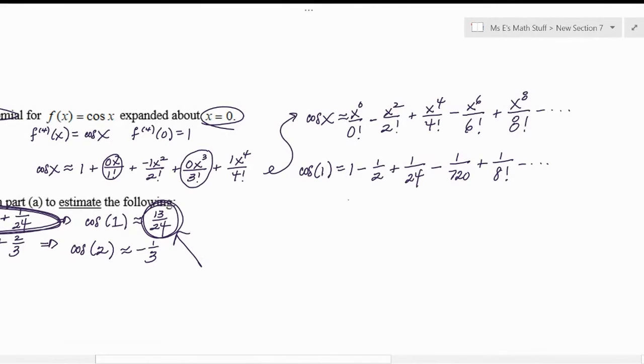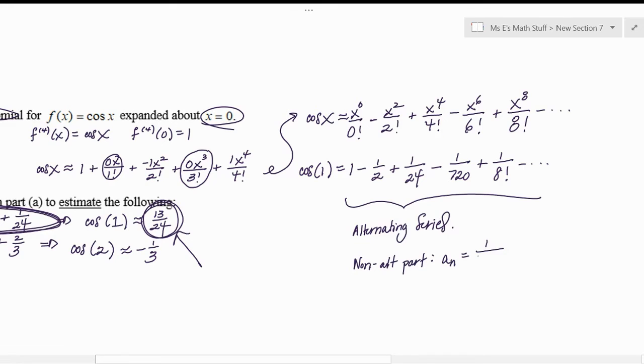Well, what I want you to notice, look at the way cosine of 1 looks when you expand it out. Notice that it is alternating in sign. So it is an alternating series. And then notice also that the non-alternating part of this alternating series could be defined as a sub n equals, well, the top is always 1 because we were plugging 1 in for x, and the bottom is n factorial.